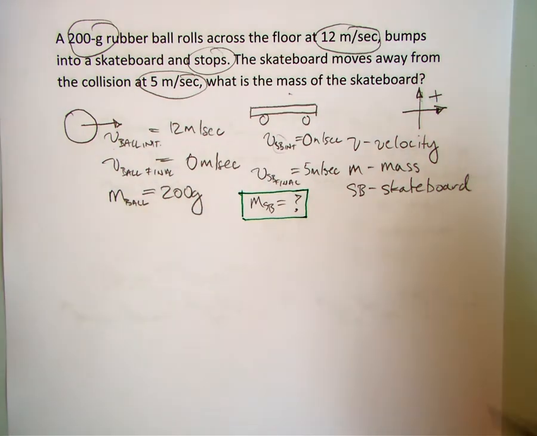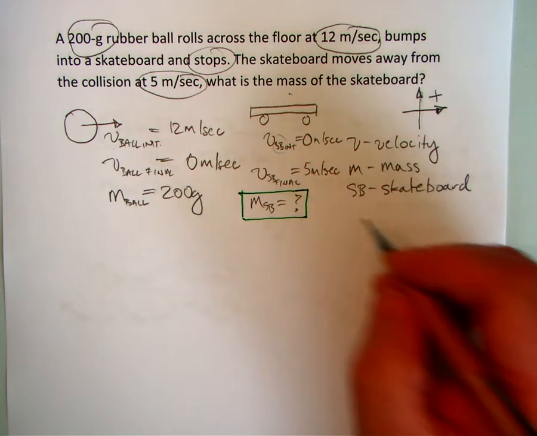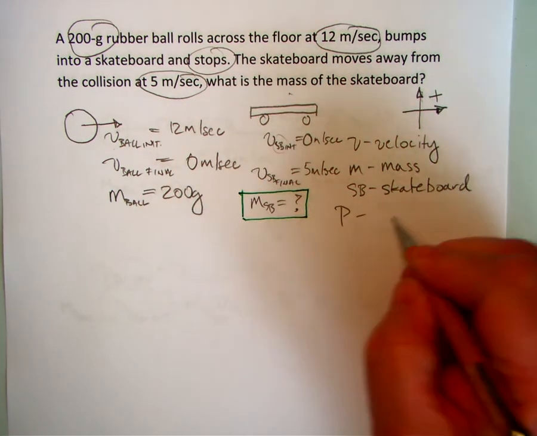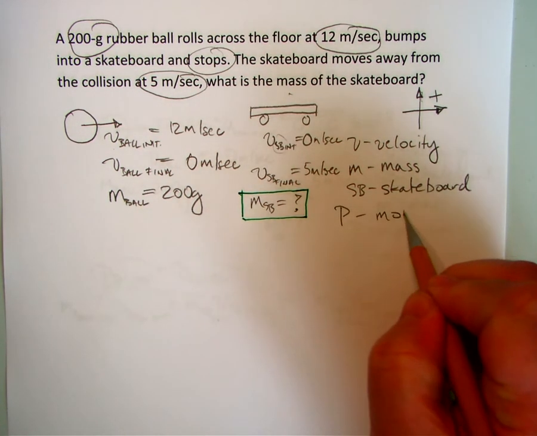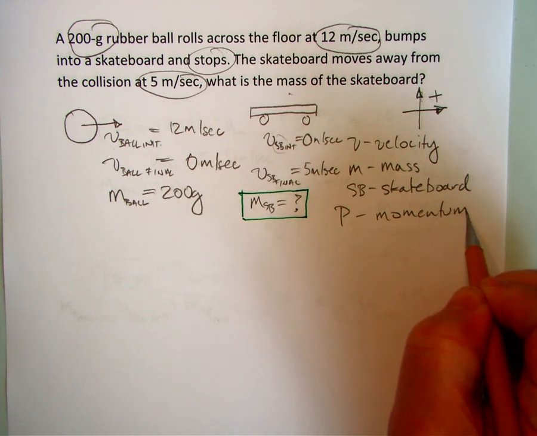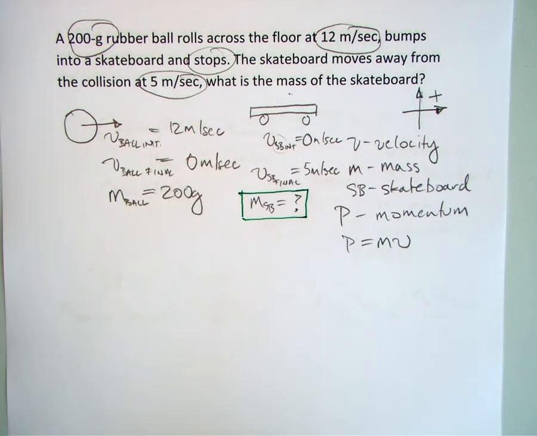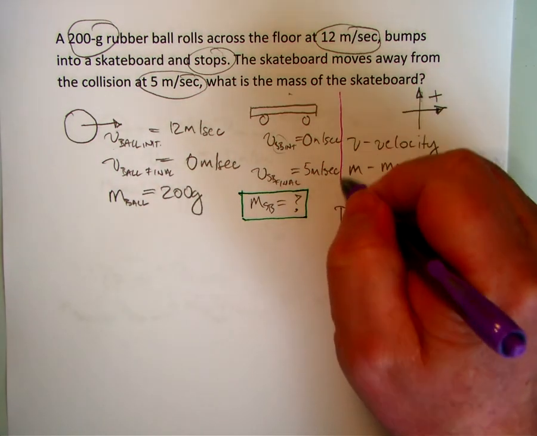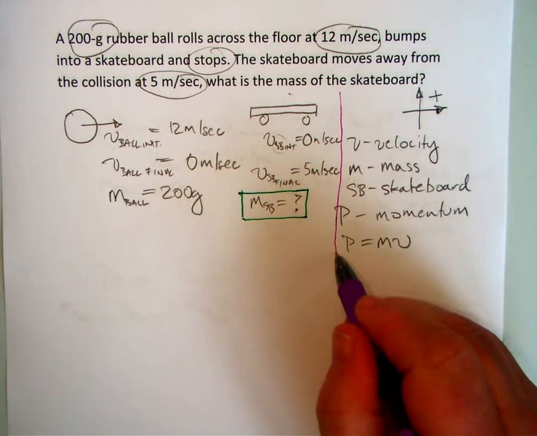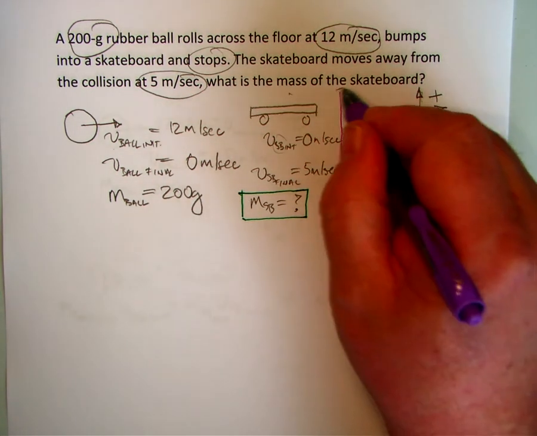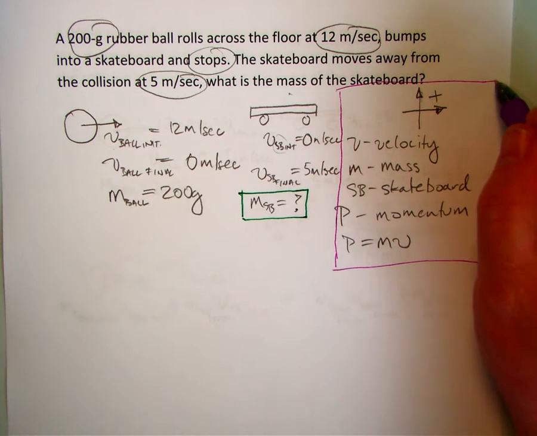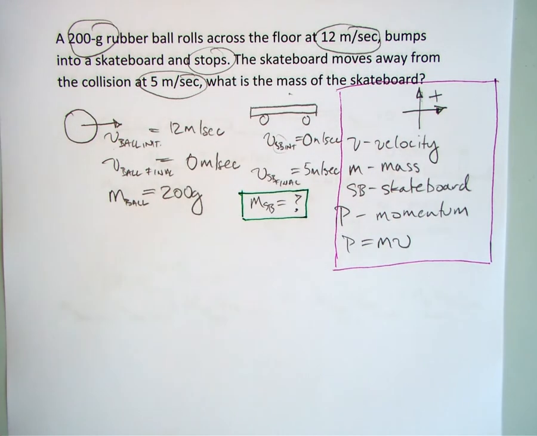So this is a momentum problem, obviously, and so we should define momentum. That's just mass times velocity. We really don't need anything other than those terms to work this problem. And so there's all our symbology and conventions in one tight little place that we can follow our work.